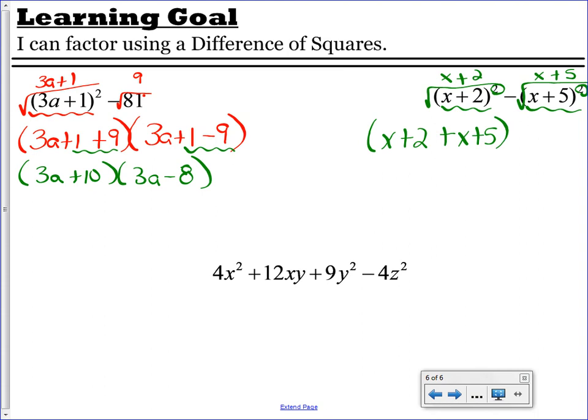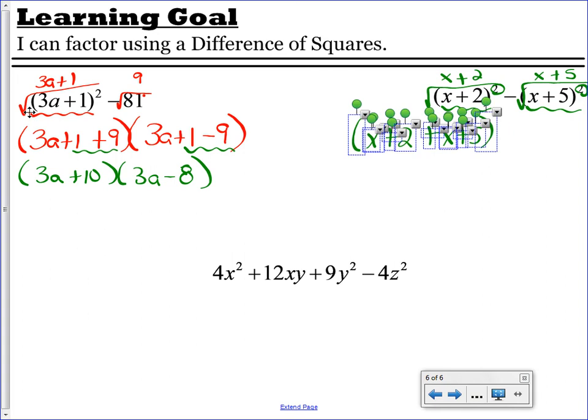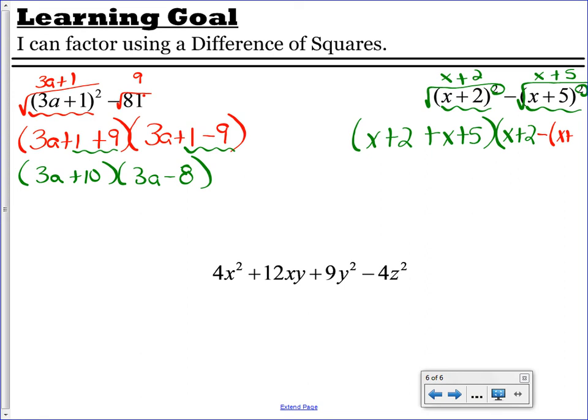That one's pretty straightforward. You have to be careful with the subtraction one. Times x plus 2. I'm going to subtract it. I put the subtraction one in brackets because I'm subtracting that whole thing in there.